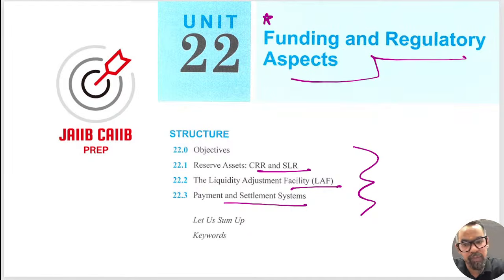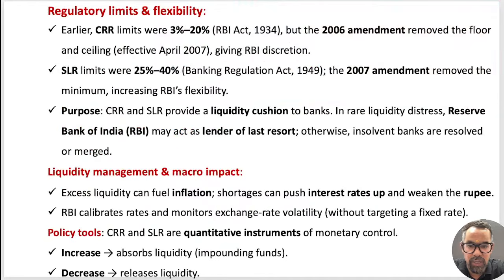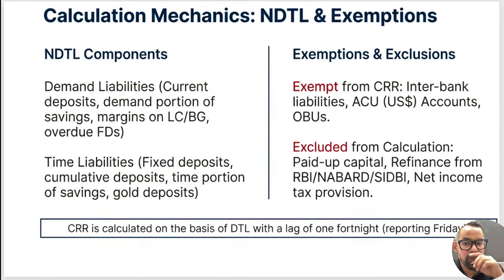So CRR, cash with RBI. SLR, cash, gold, government securities or approved securities from RBI. So that is something which is the case, the basic guidelines which are important. NDTL and excluded items, that is a bit important, especially for the CRR calculation.